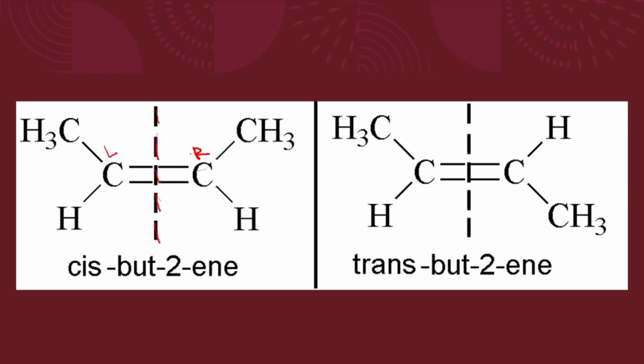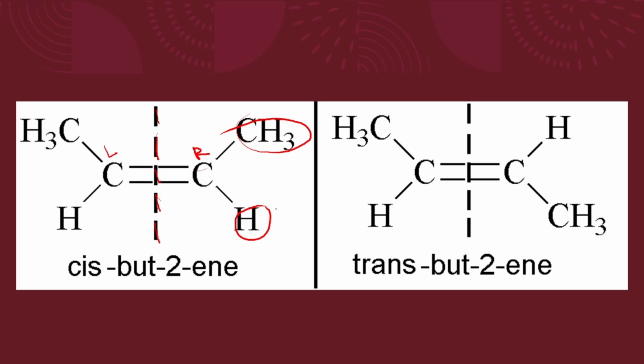Then go to the right one and check the two groups that are attached to this carbon and select the one with the higher molecular weight. Which group has the higher molecular weight here? Is it the methyl group or the hydrogen?